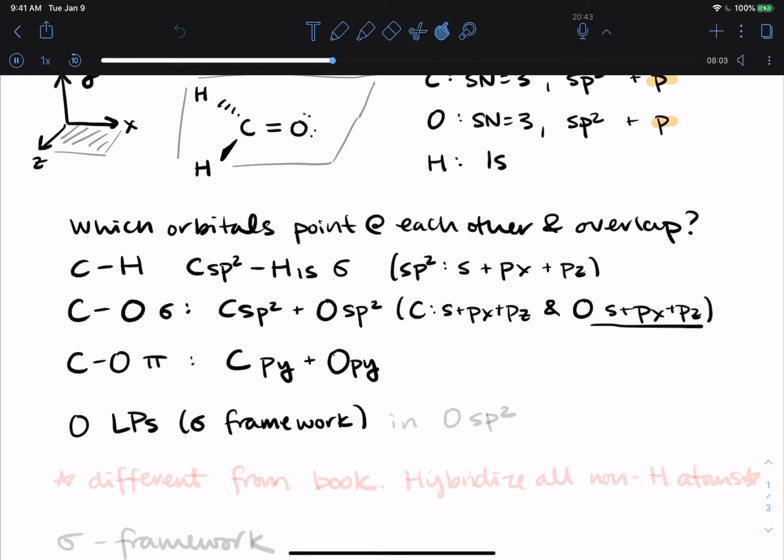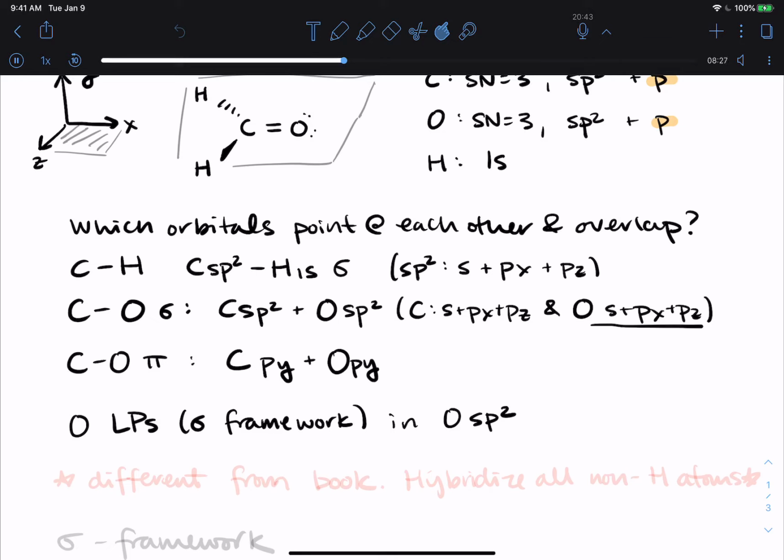The lone pairs are considered part of the sigma framework. And so these oxygen lone pairs will be in the other sp2 hybrids on oxygen. So they're going to be oxygen lone pairs in oxygen sp2s. And we'll draw some good pictures of this.